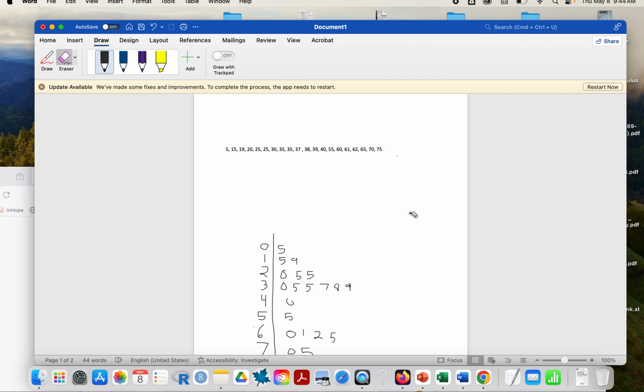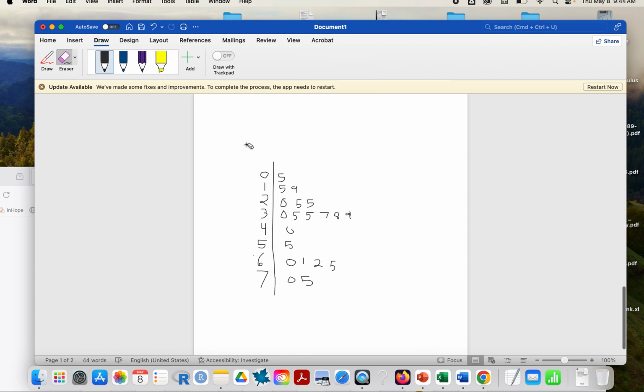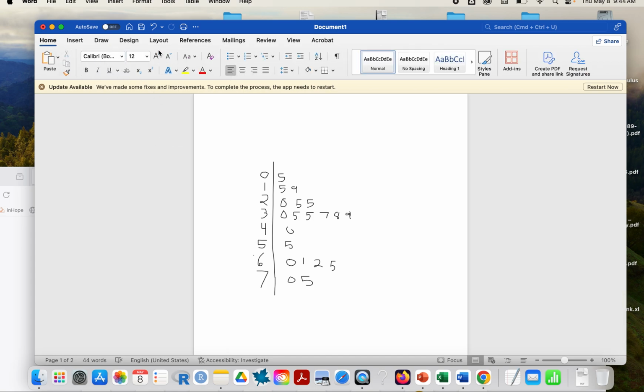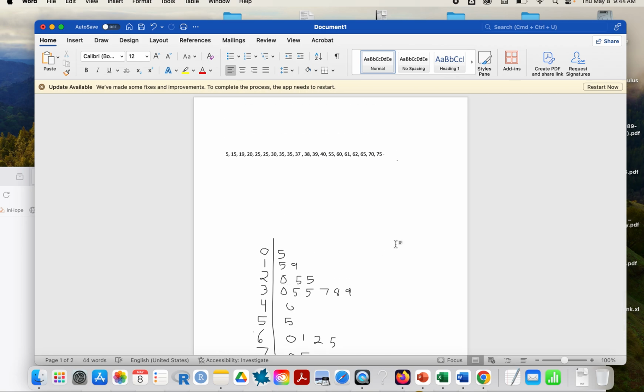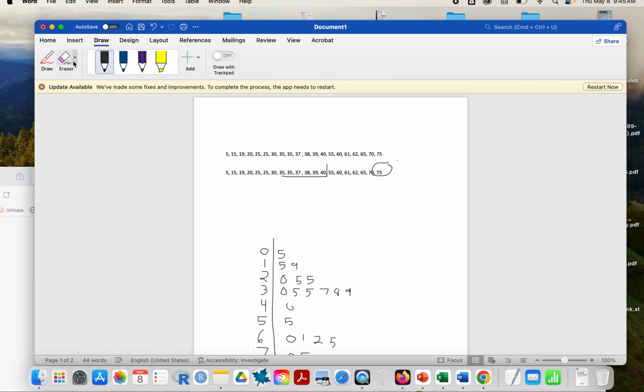It's going to take me a second here. Let me see if I can just quickly capture this and delete it. Nope, won't let me. Okay. So what I am going to do, however, is generate this data set twice. So we have that data set now twice, and we've got a bunch of numbers.